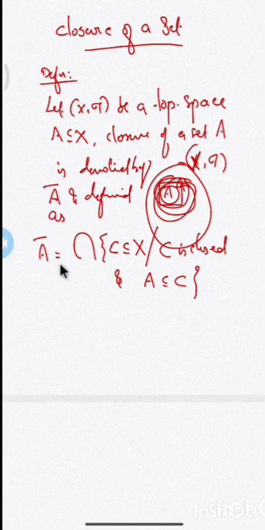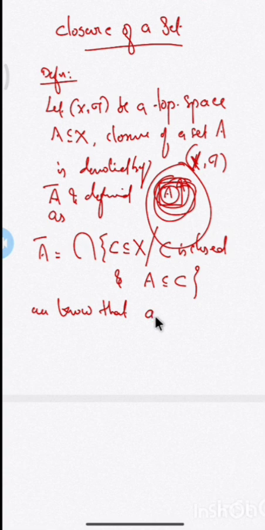Now you can see what A closure is. A closure is an intersection of closed sets, correct, with some property. So we know that an arbitrary intersection of closed sets is again closed. In the previous video we proved that theorem, because a collection of closed sets in a topological space has four properties, and one of them is that it is closed under arbitrary intersection.